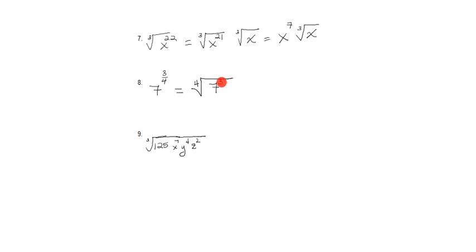As you can see, the 4th root is higher than the 3, the exponent, so we are done. But we need to cube the 7. And 7 cubed is 343. So you're left with the 4th root of 343.